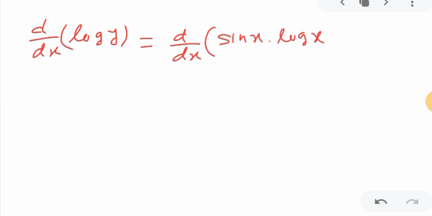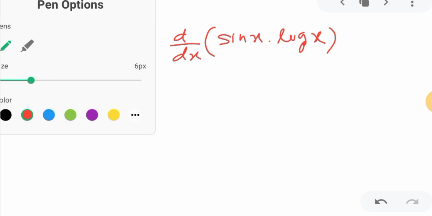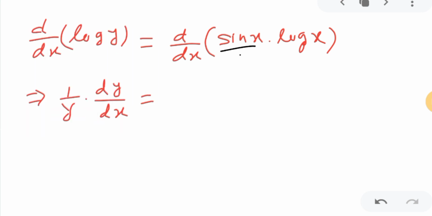When you see carefully, on the left side the derivative of log y is 1 upon y, and the derivative of y with respect to x is dy upon dx. On the right side, this is two functions, u into v form, which is the u into v formula I just discussed. So the first function sin x as it is, times the derivative of the second function.